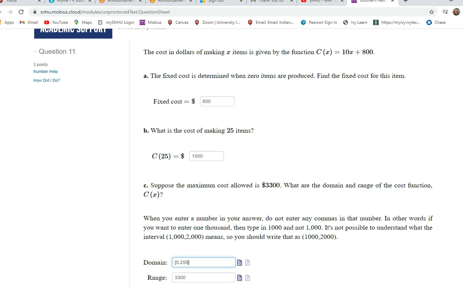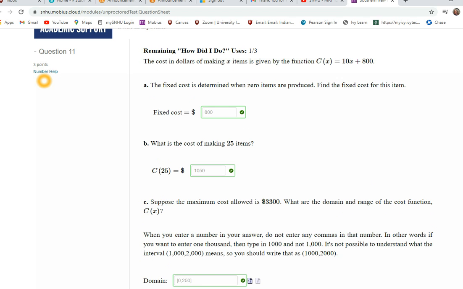You're watching me make all sorts of errors here. There we go. From 0 to 250. And then the range, if you did 0, that would be 800. Yeah, 800 to the 3,300. All right, it's going to tell me I'm wrong again. No, I did it right. Woohoo! Okay, let me go back over that again.